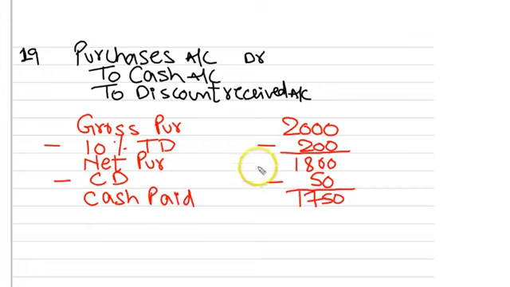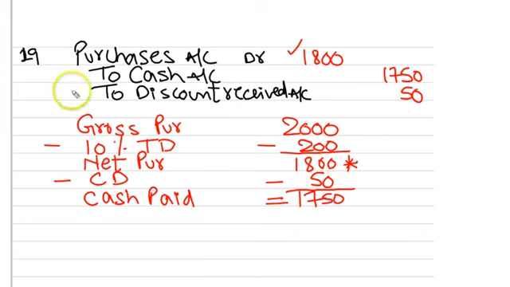Alright, so how will this be recorded? Net purchase will be debited to purchases. The final amount of purchase is 1800, recorded over here. Then cash paid will be 1750, recorded over here, and discount received 50. Alright, what will be the narration for the same?